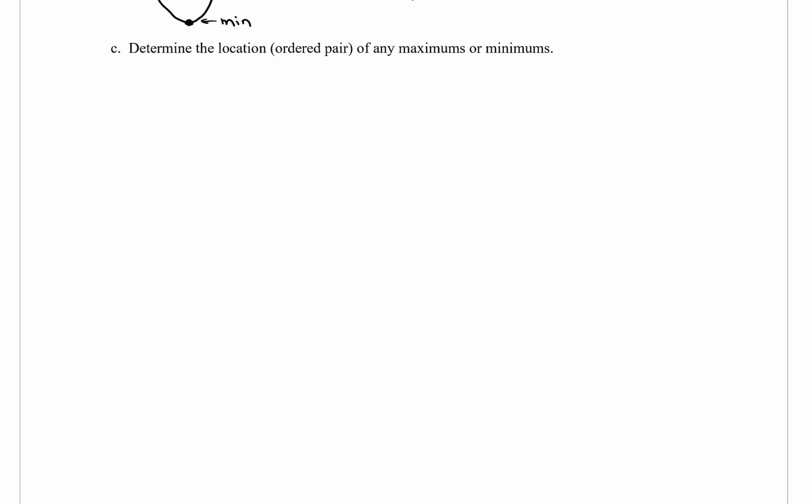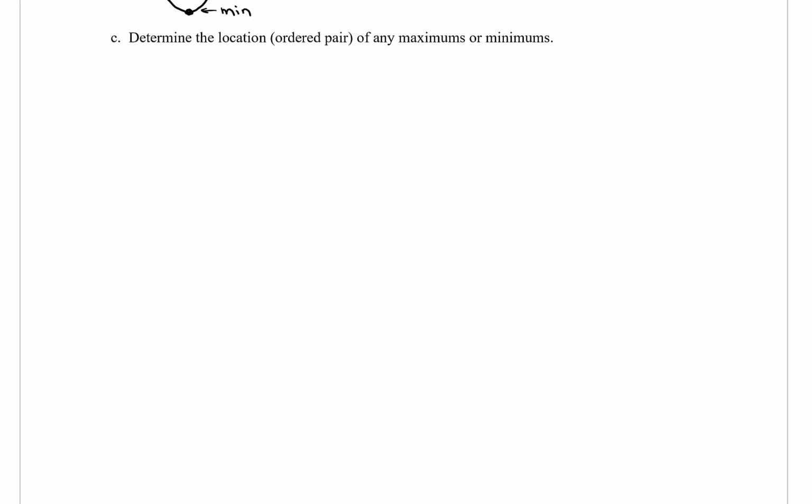F of x equals 3x squared minus 4x minus 8. If I substitute 2/3 into f of x, I will find the y-coordinate of my ordered pair for that minimum. So I am going to find f of 2/3.